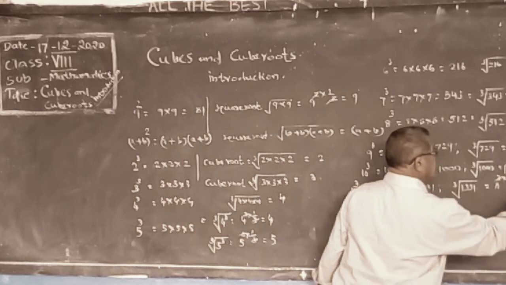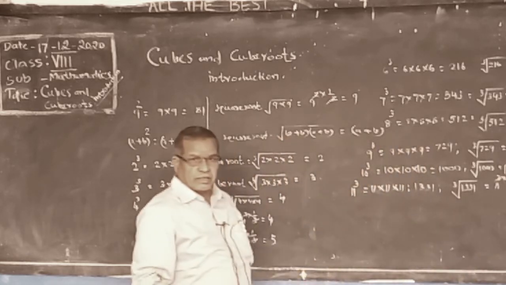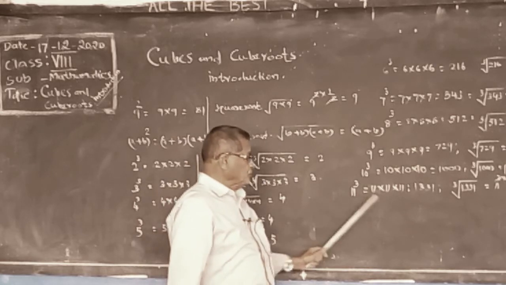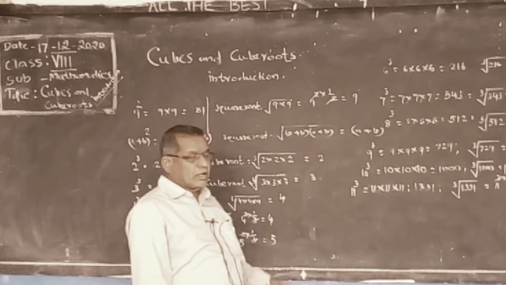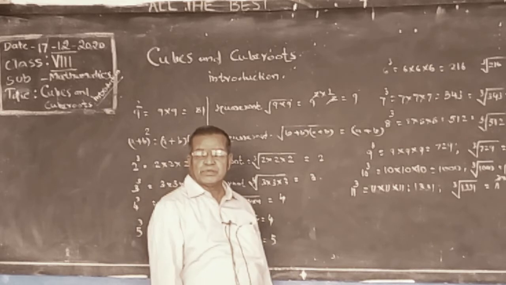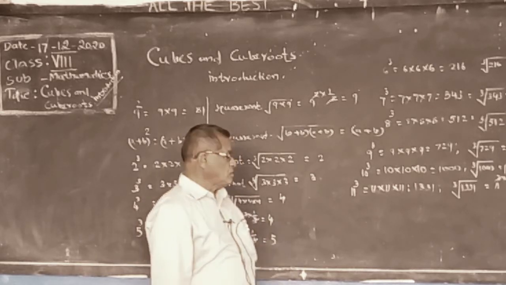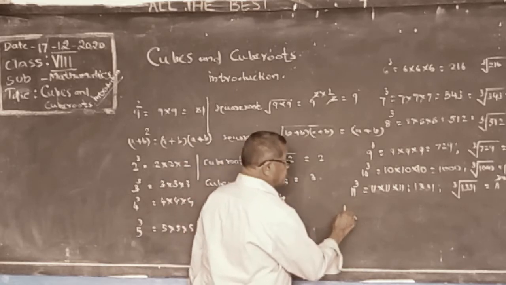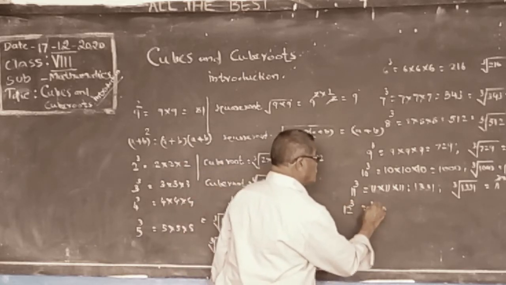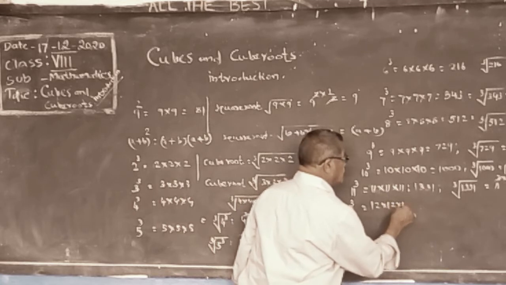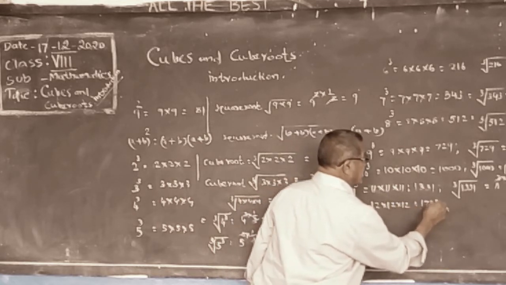The 3s cancel. So this is the way to find cubes and cube roots. 12 cube, 12 into 12 into 12, 1728.